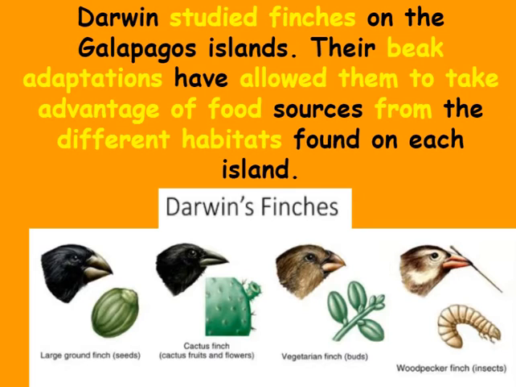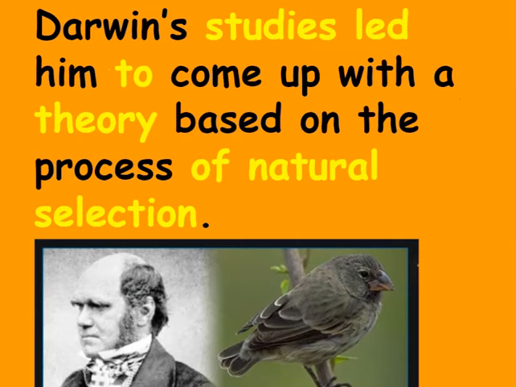That particular finch uses a thorn from a bush or a cactus to actually probe into a tree and get a larva, beetle larva or worm or something like that out of the tree. So they're actually tool users, which isn't that common in nature. So Darwin's studies led him to come up with a theory based on the process of natural selection.